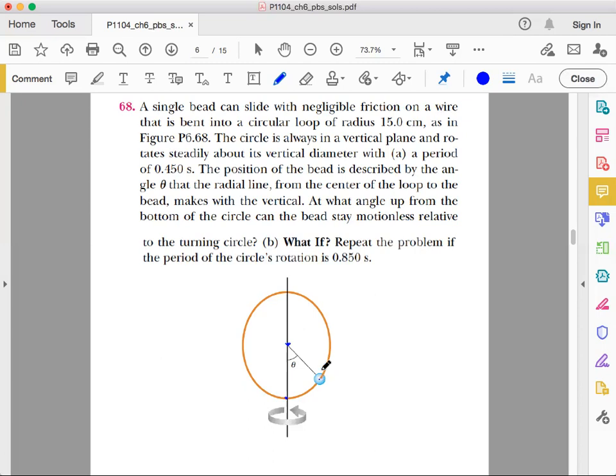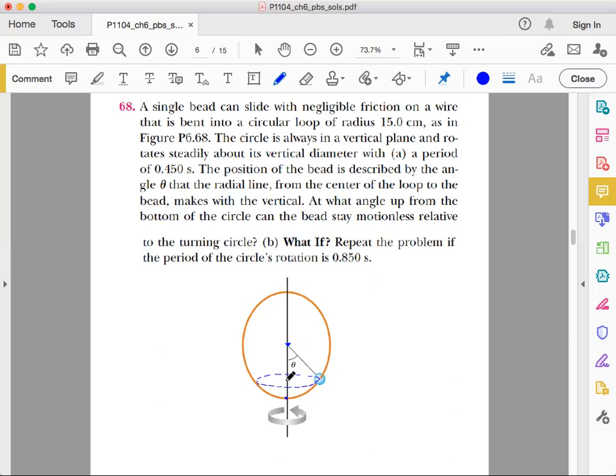First of all, we have to check how this bead is moving. If this circle is rotating in the vertical plane as shown by this arrow here, that means that the bead is describing a horizontal circle, like this. It's actually moving along this circular path.